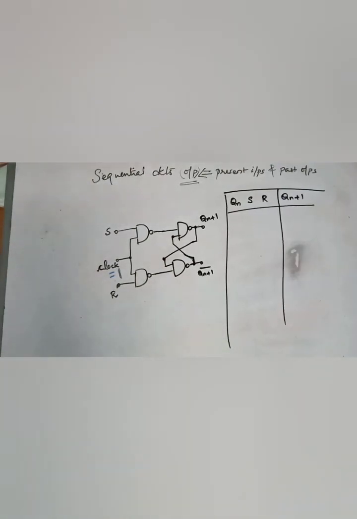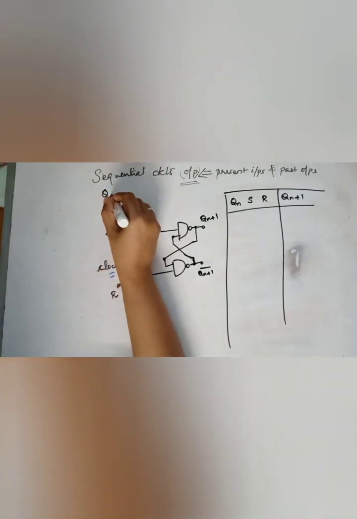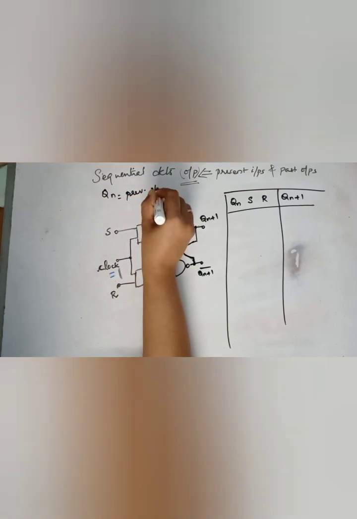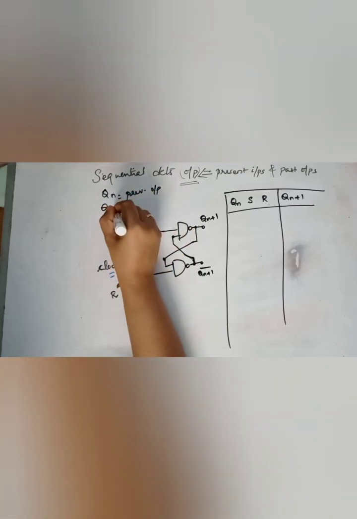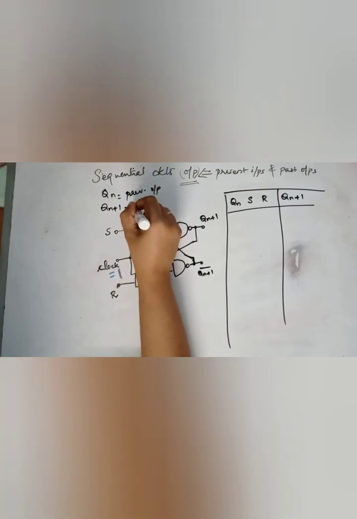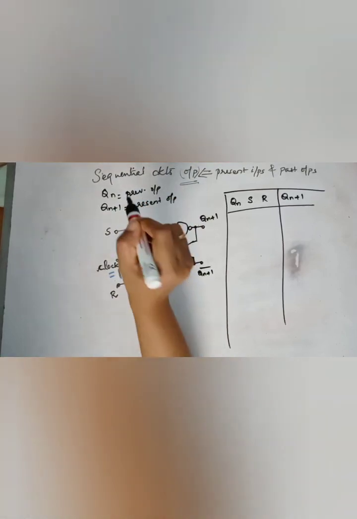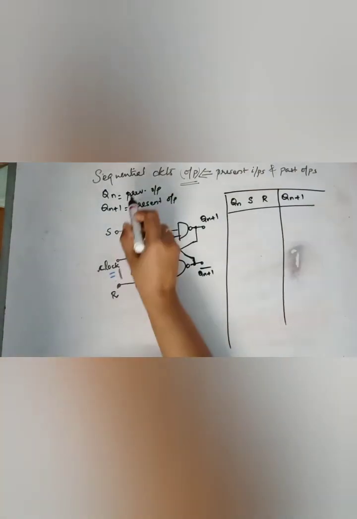Now what is Qn and what is Qn plus 1? Qn is the previous output. Qn plus 1 is the present output. In some texts it is written as present and next. Either way it's the same.